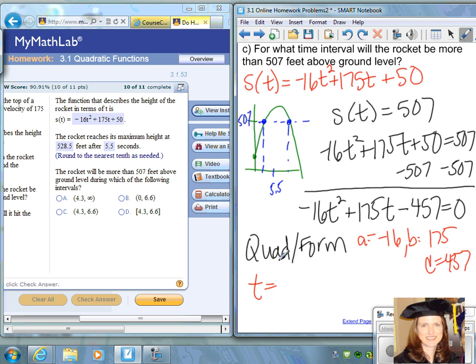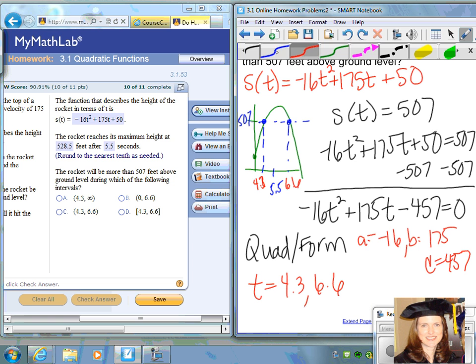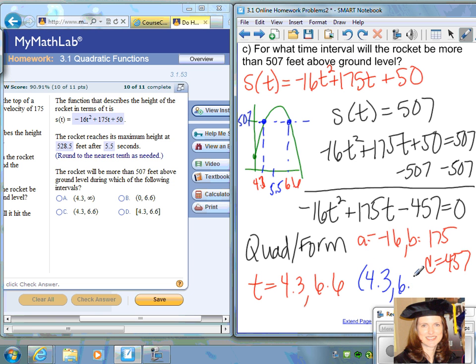Those two values for t are going to be 4.3 and 6.6. So those are the two time intervals where the rocket is higher than 507 feet. So the interval is going to be everything in between those. So we can write it as 4.3 to 6.6.